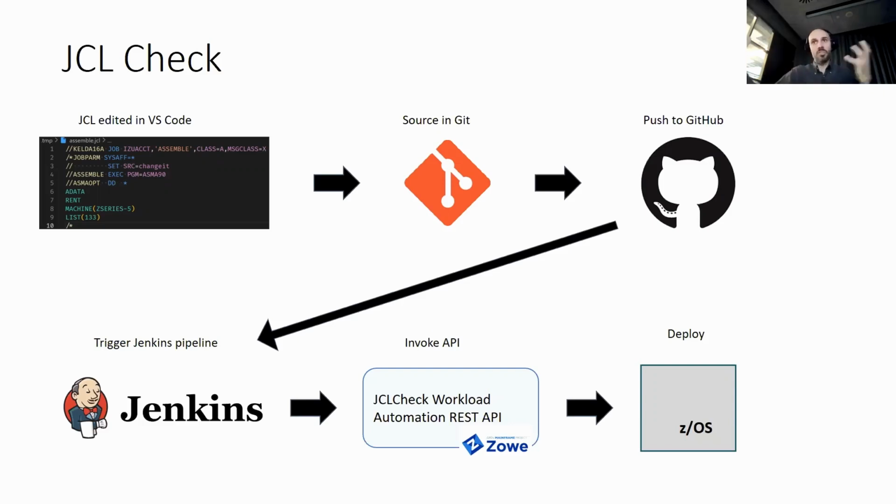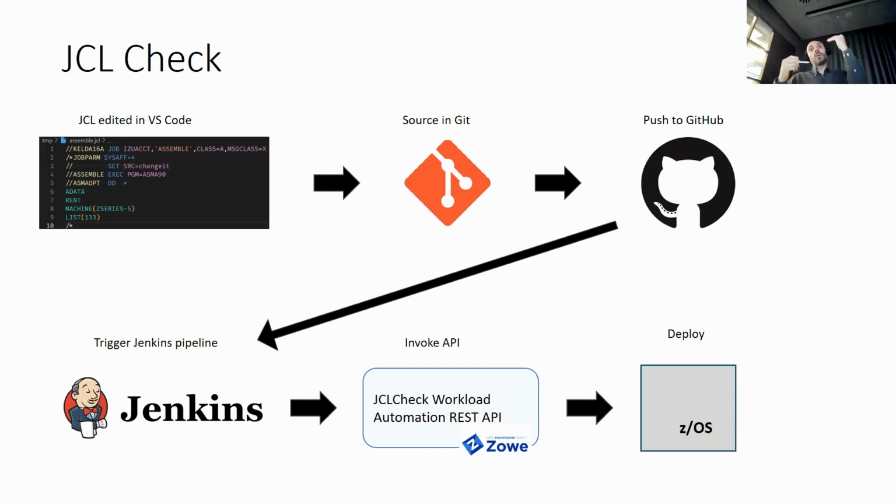It's just a series of steps that it would run through, one of which would be to invoke the JCL Check REST API to verify if the changed or newly created JCL meets your site standards. And then if everything is okay, the JCL could then be deployed as part of that pipeline to production.